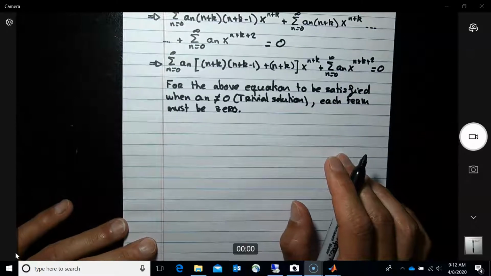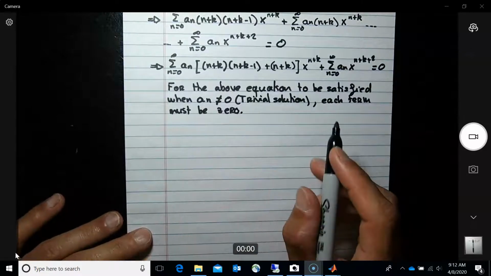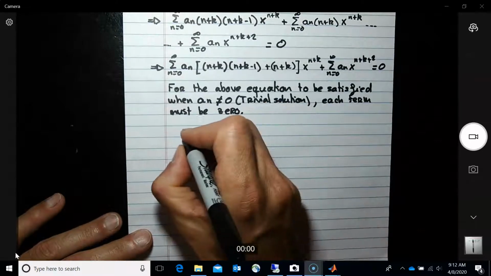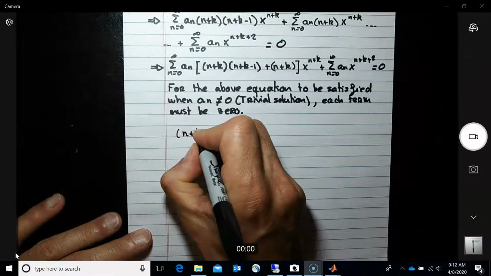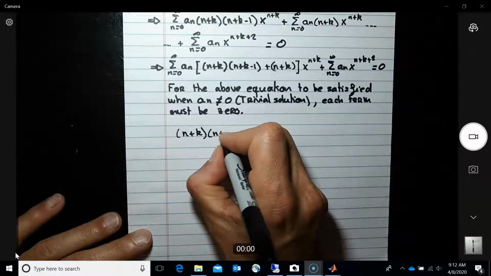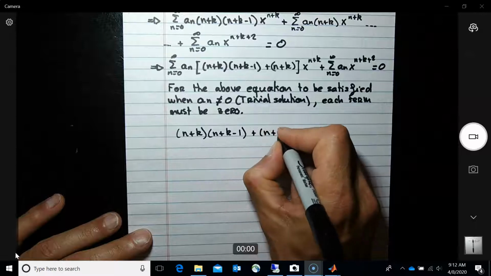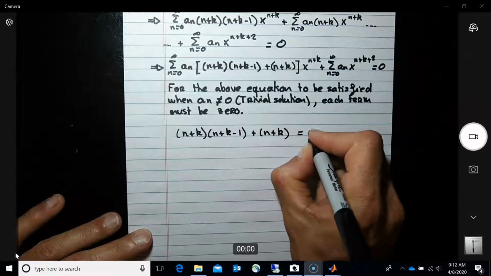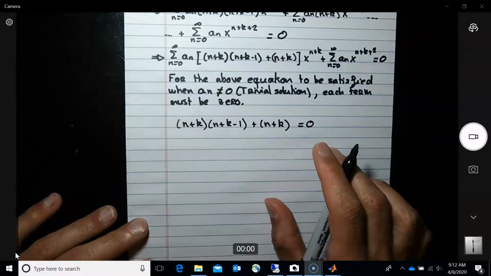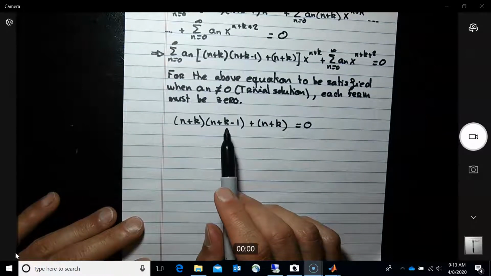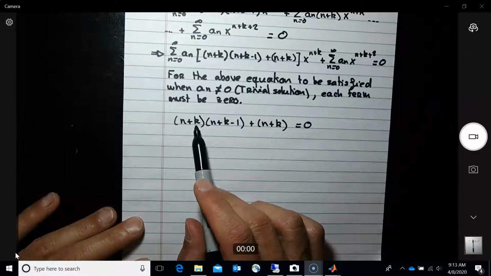Okay, so let's see what happened for the first term over here. So then we're going to have that n plus k minus 1 plus n plus k here needs to be equal to 0. And you know, initially on the Frobenius method, we first try to solve for k.